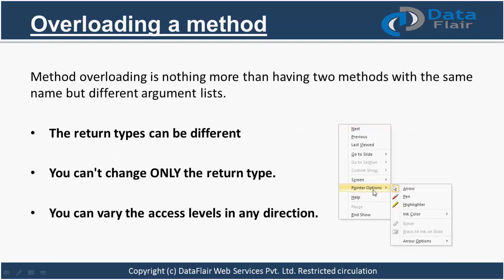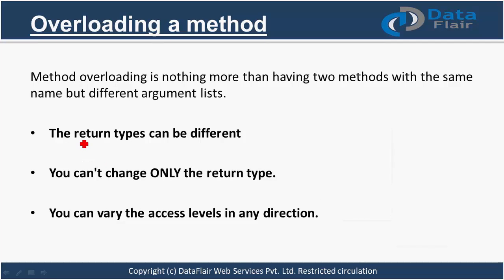So they can have a different return type, but if you change only the return type, that doesn't mean you are going for overloading. And you can change the access level in any direction. Let's say you have a method show that takes only one parameter, and that show method is public.